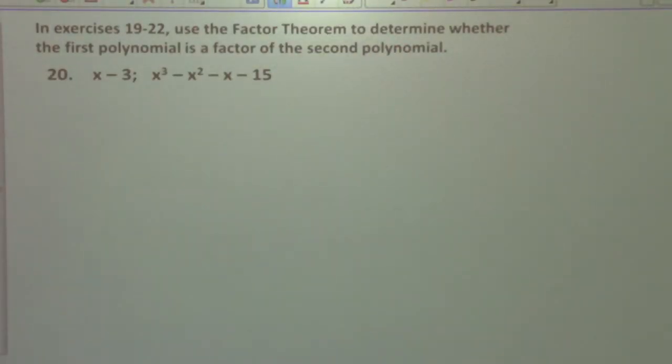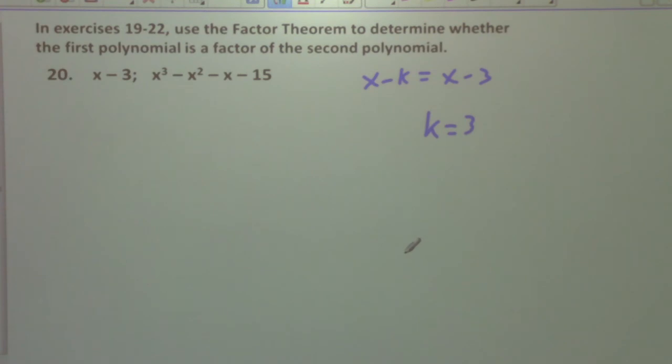All right, Kayla, what do you got here? I don't know. Come on. So if we have x minus k is equal to x minus 3, right? K is equal to 3.